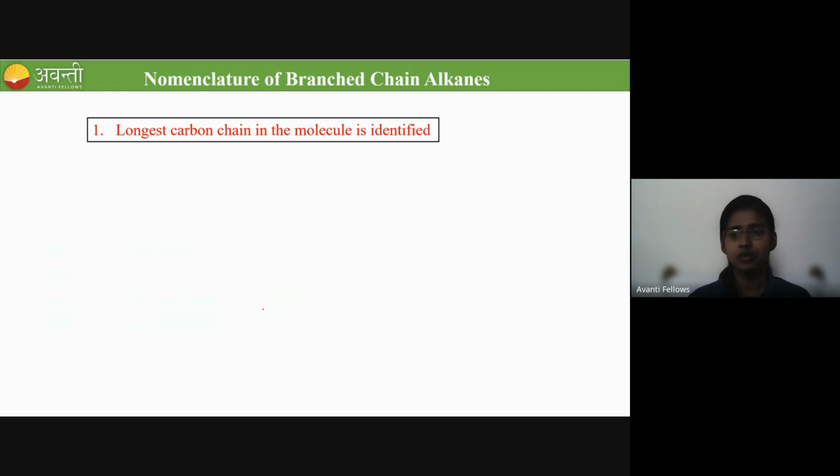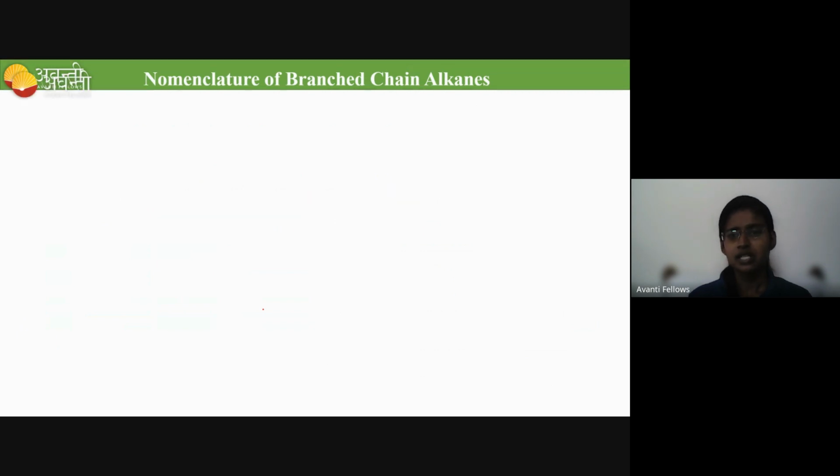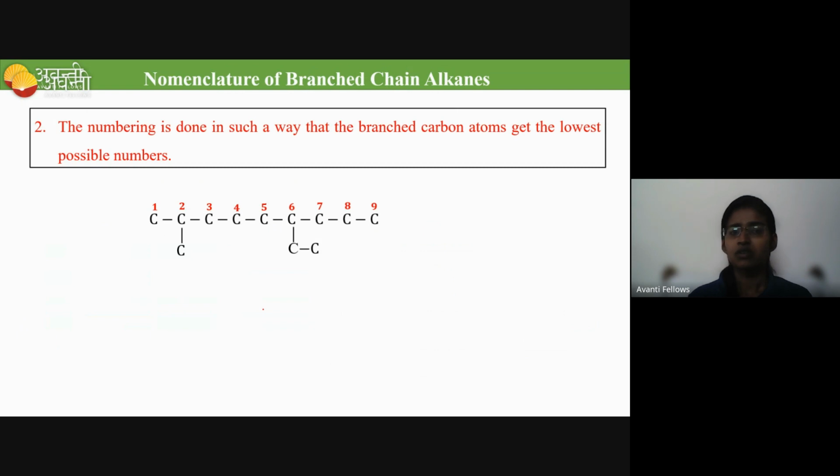So I'll give you a compound. So this is the compound. The chain with the most carbons is the straight chain: 1, 2, 3, 4, 5, 6, 7, 8 and 9. Very good, Naresh. So the longest carbon chain is the 9-carbon straight chain. Now, rule number 2 is you have to number.